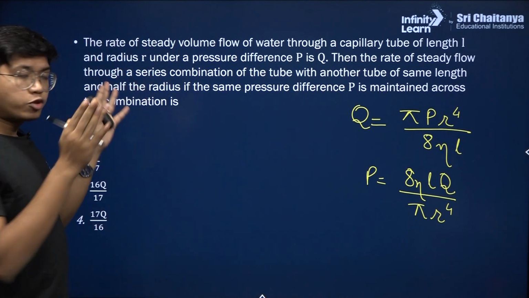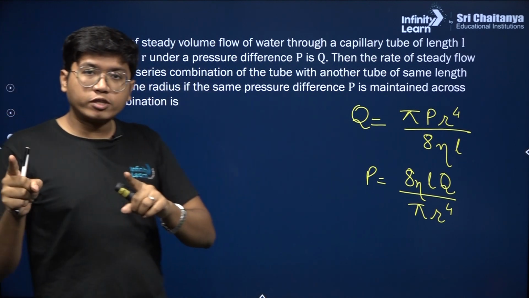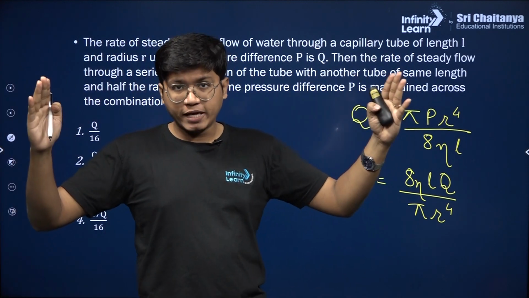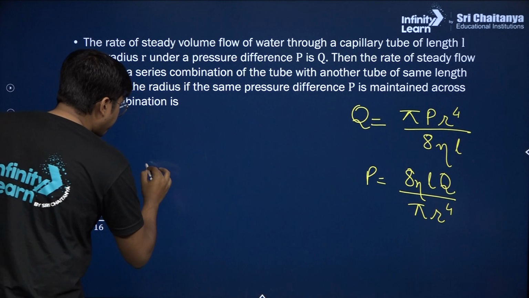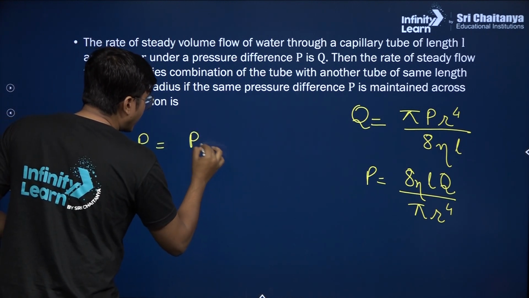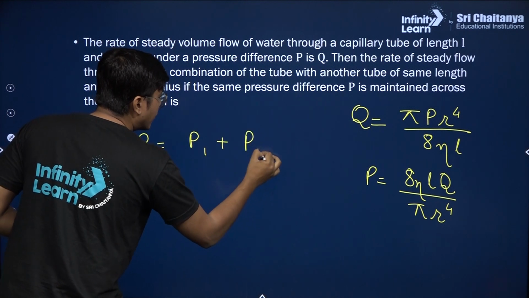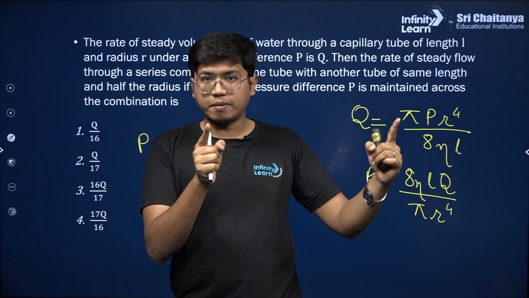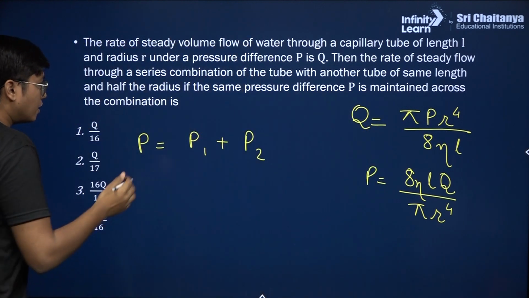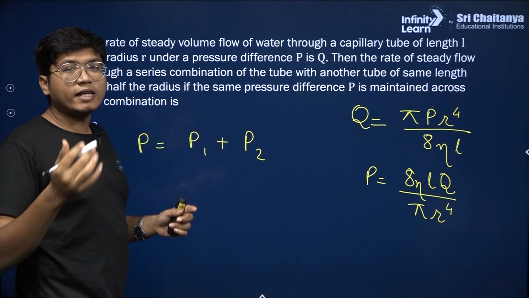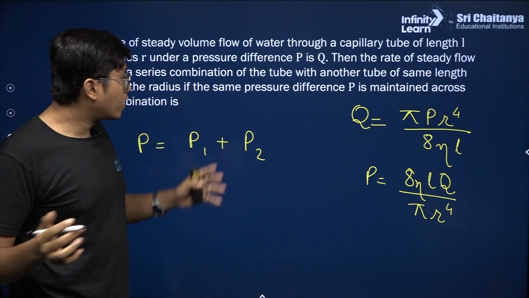Now when I have two pipes one after the other and I want the effective pressure across both of them to be P, which means the total pressure in that arrangement should be equal to P1 plus P2. That is the pressure difference across the first pipe plus the pressure difference across the second pipe. Now let's assume that the flow rate would be V, capital V, or let's say Q dash.